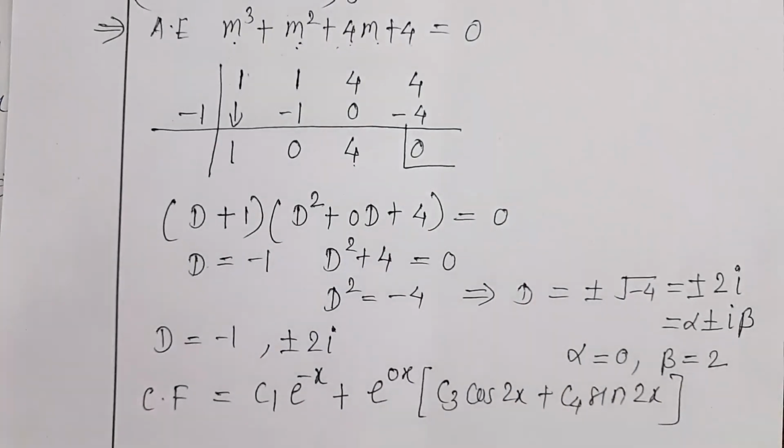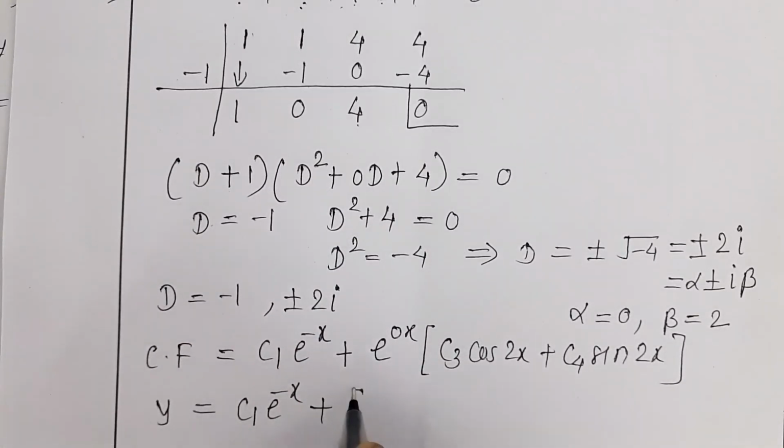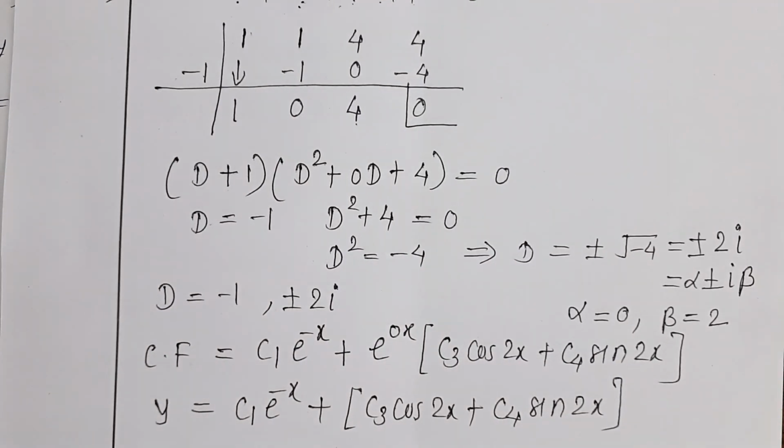So this is the solution. But CF is y. So y is equal to C1 e to the power minus x, plus e to the power 0x is 1, times C3 cos of 2x plus C4 sin 2x. So this is y, that is the solution of the given differential equation. Thank you.